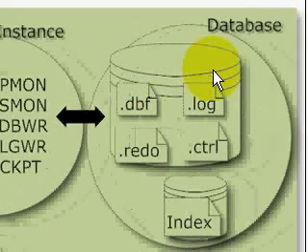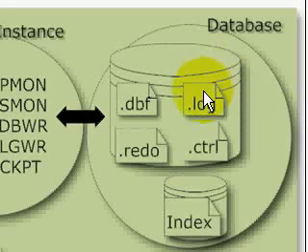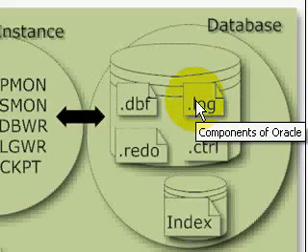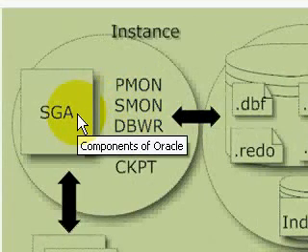The database contains your database DBF, that's your database; log files that track the activity to the file during the day; redo files, which allow you to undo mistakes that have happened; and your control file, which is kind of like an index file in other applications. Then there's an index associated with that.